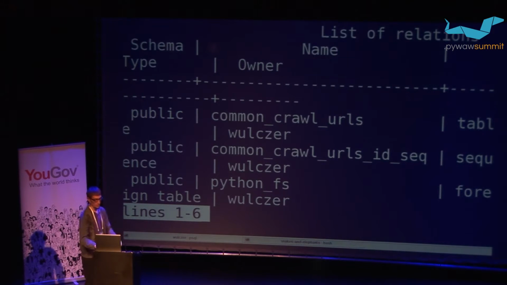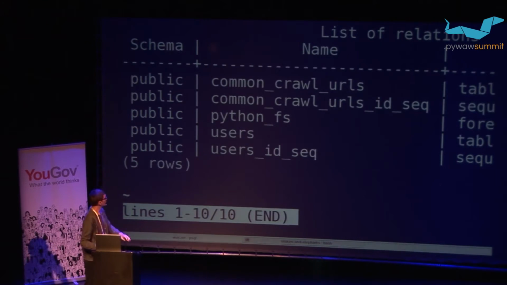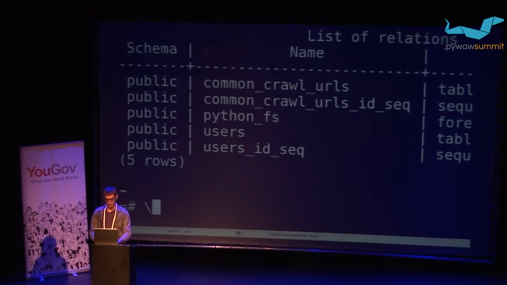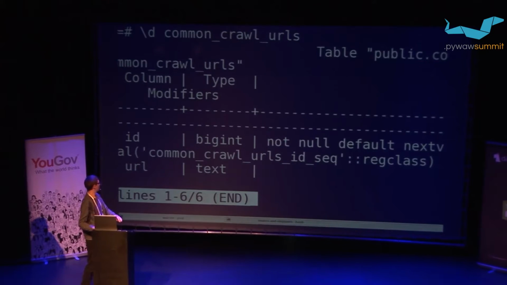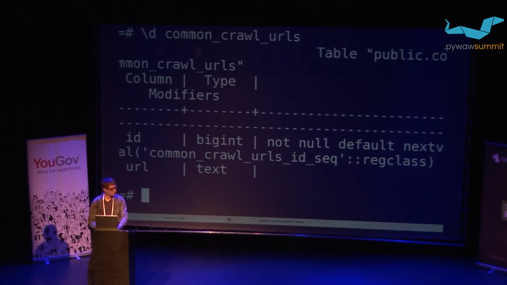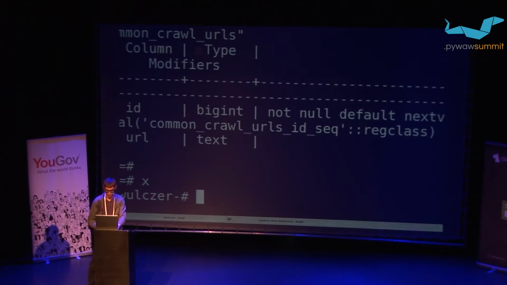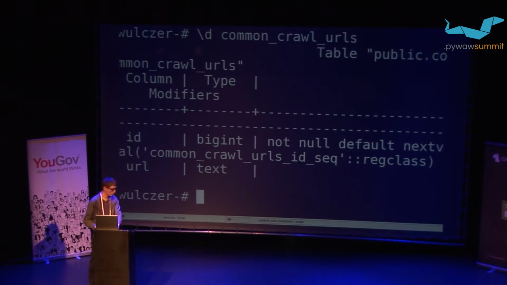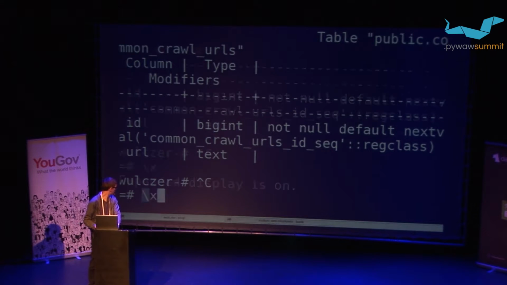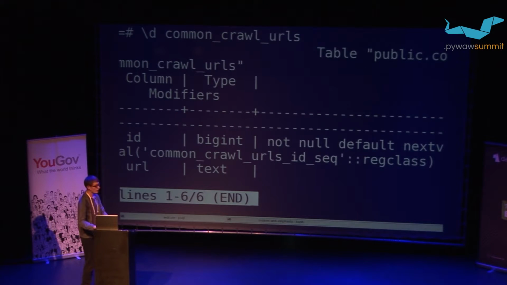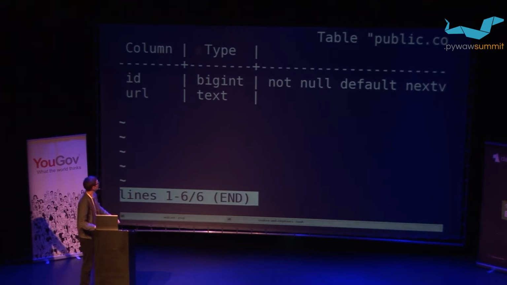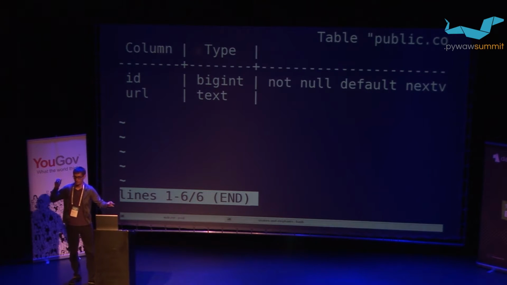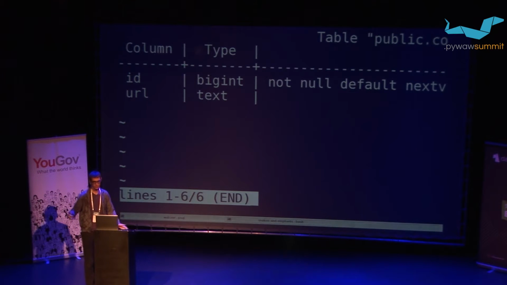I have a table here called common crawl URLs, that has two columns, the ID and the URL, and just a bunch of URLs. I just got some random URLs from Common Crawl, right?